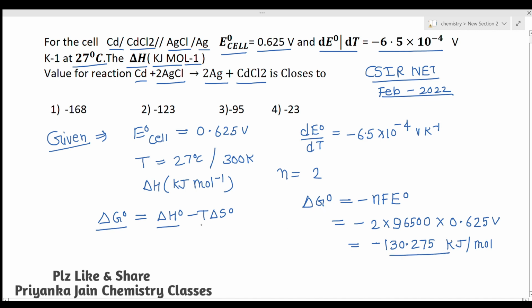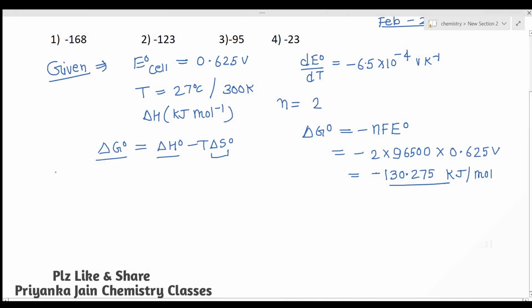Now you have to find one more thing, that is delta S naught. If you know this, then you can easily calculate the value of delta H naught. The temperature dependent equation for delta S is given by nF dE naught upon dT.